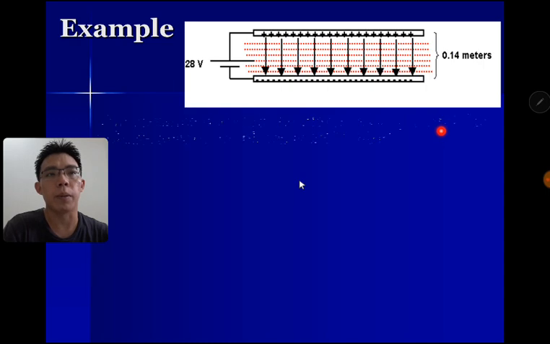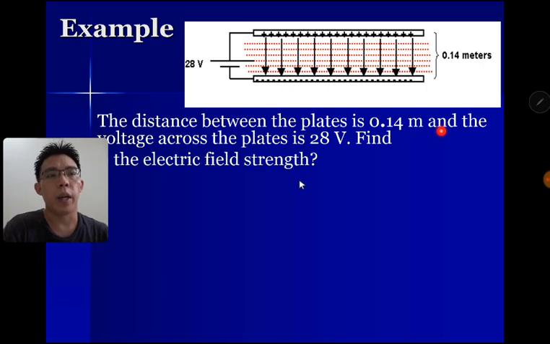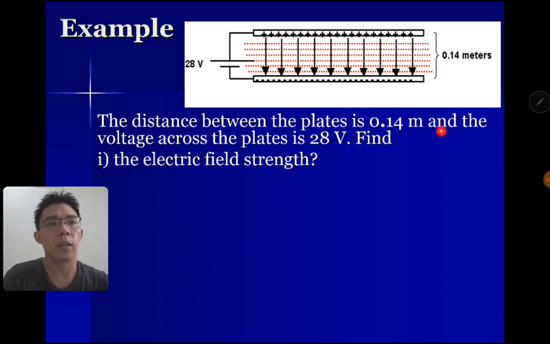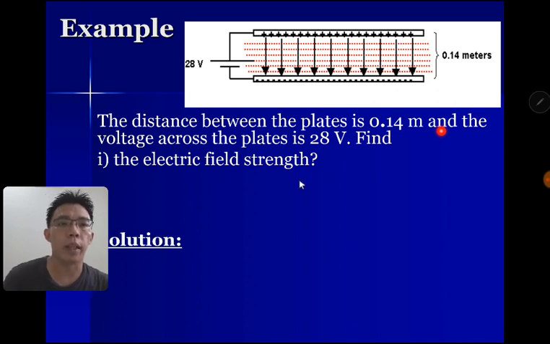So let's look at one example here. We have 2 parallel plates separated by 0.14 meters, and the potential difference is 28 volt. What is the field strength? It's a very direct application of V over D, and you should get the answer.